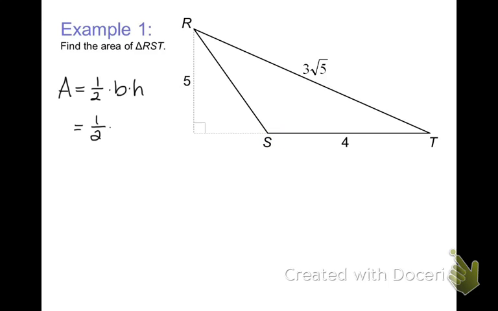Think about it like that, okay? That's your base. That's 4. Times your height. Remember, you're not telling me the slanted distance. You're telling me how tall is it just straight up and down, which is 5. And again, it's okay that that drops outside of the triangle. That does not change the fact that it's the straight up and down height. So that is still going to be times 5.